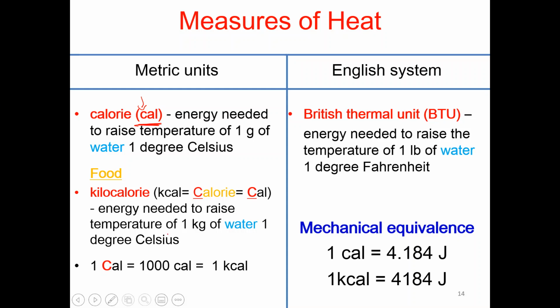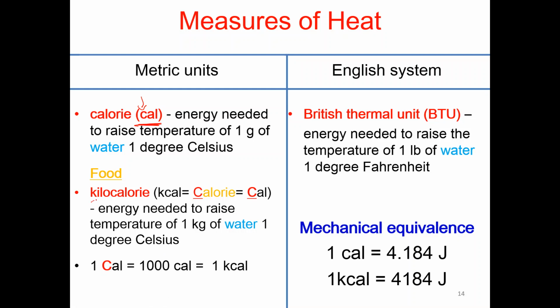Another unit used to measure heat is the kilocalorie, and this unit is mainly used for food. It's on the package of the food. The Calories there are not this calorie, they are this Calorie. What is the difference between these two? We need to be careful with this unit.